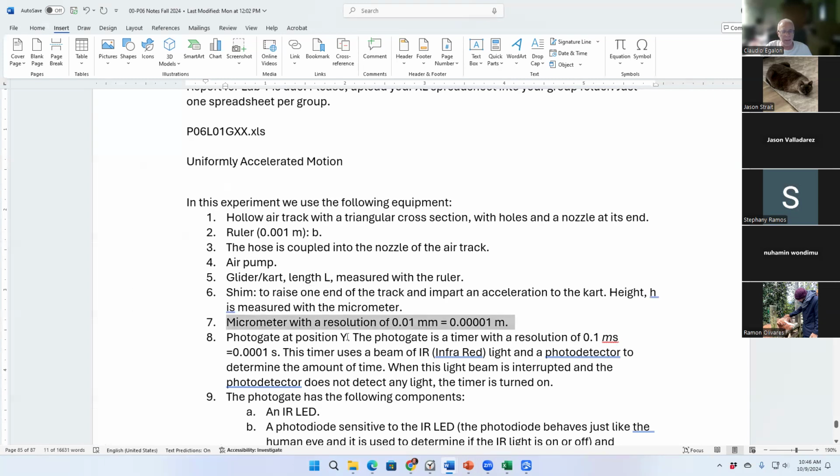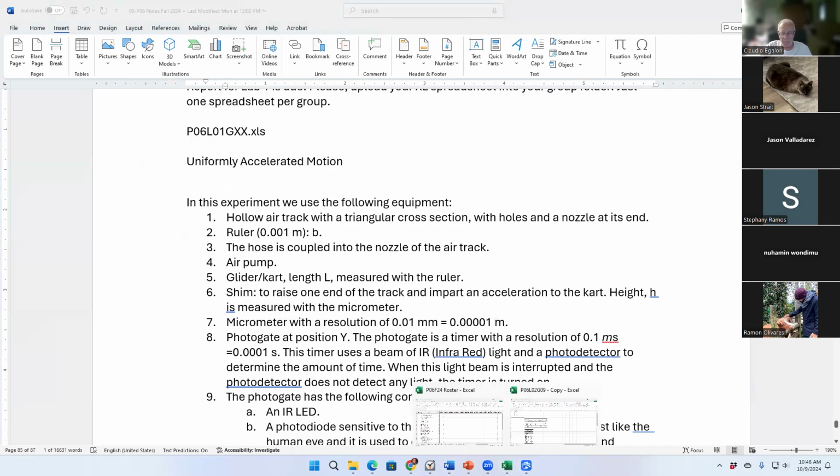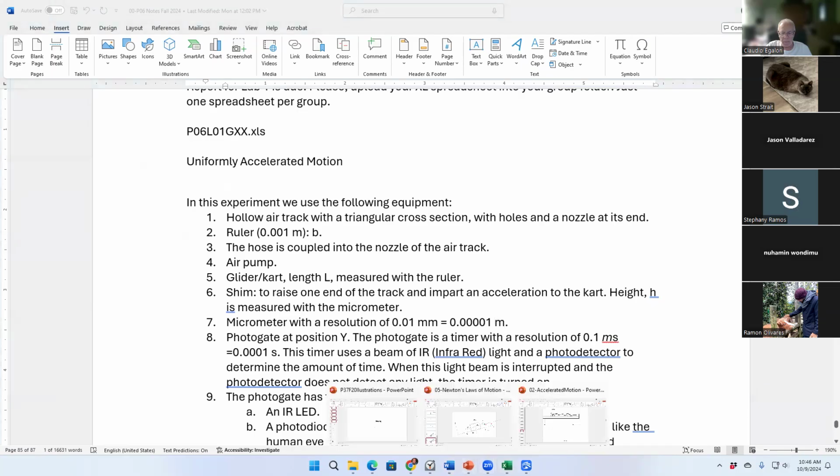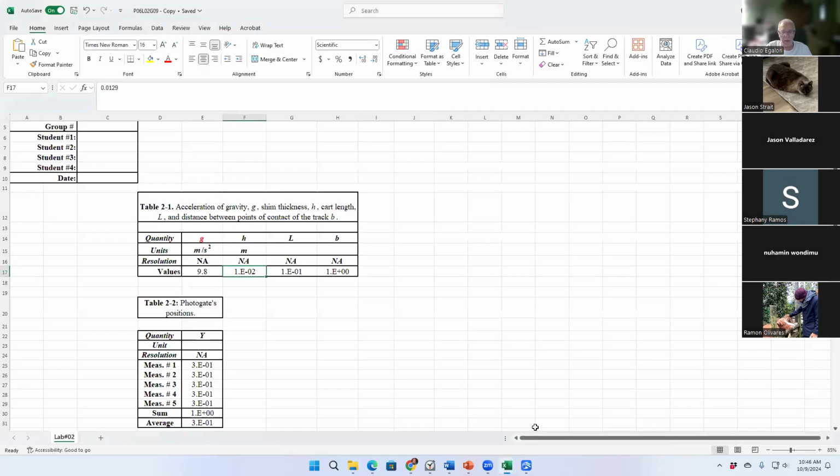Remember, memorize it, that the resolution of the micrometer is 1/100th of a millimeter, or 5 decimal places in meters. Let's take a look. Here you go. P, L, and H. You're going to need the acceleration of gravity for comparison purposes.